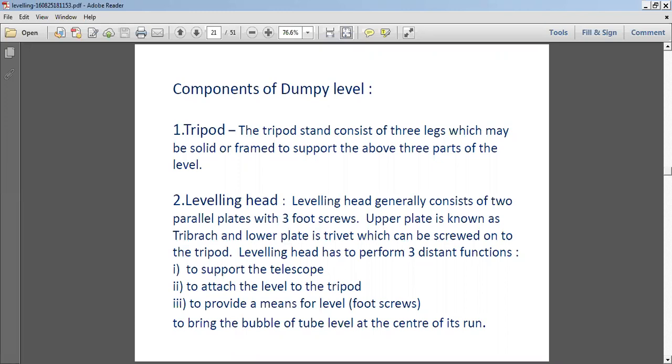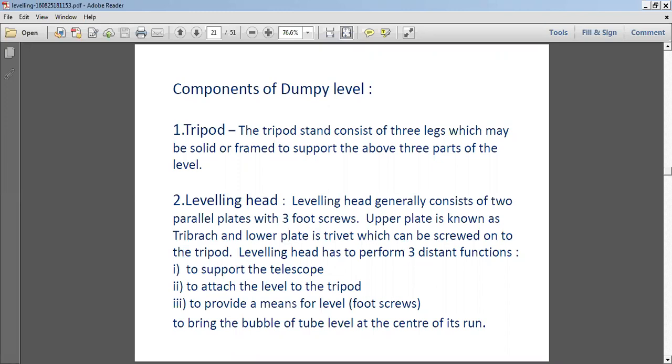Next is the leveling head. In the leveling head, there are three foot screws that we use to level the dumpy level or auto level, whichever we are using. These foot screws can level for slight movements. If there is a large difference in the bubble tube, then we have to move the legs of the tripod stand, so we can level the tripod stand and instrument before starting the work.